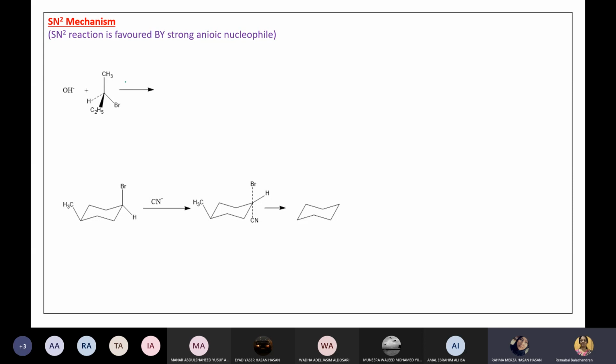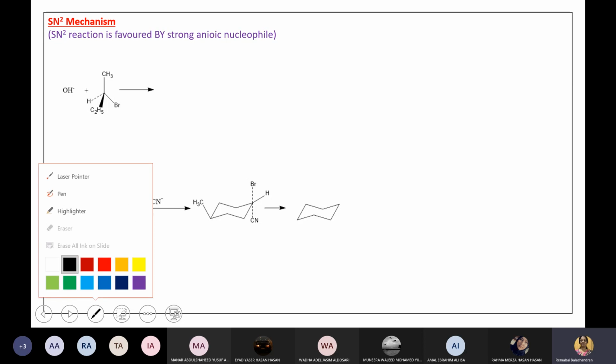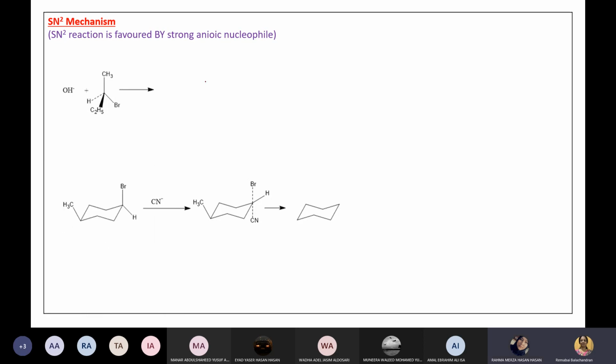First of all, this is slow process. No, it's only one step, so no need to say slow or fast. So you will get an intermediate. How do you make the intermediate? You'll draw a bracket. And then we have the transition state. We have CH3, we have H, we have C2H5.